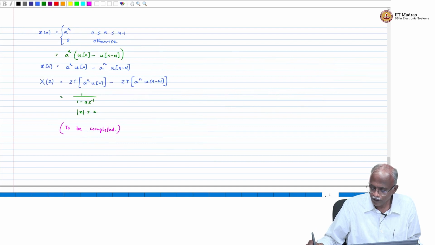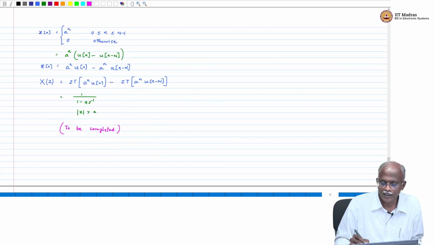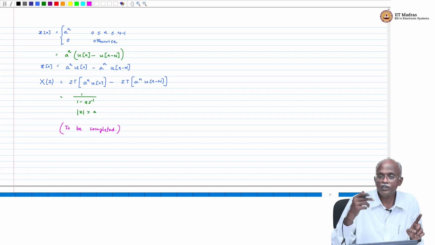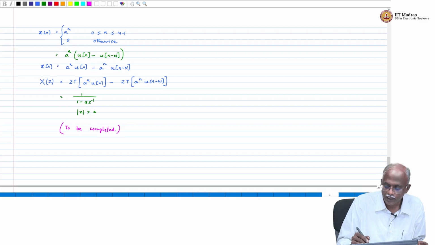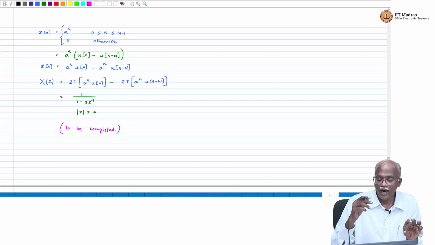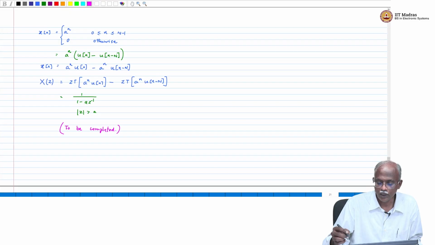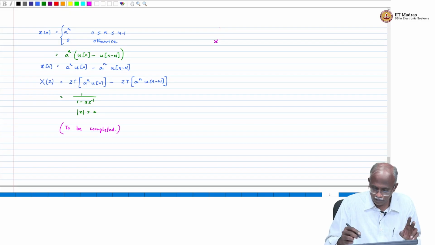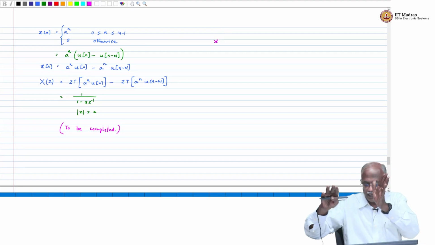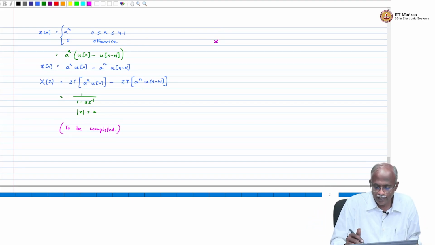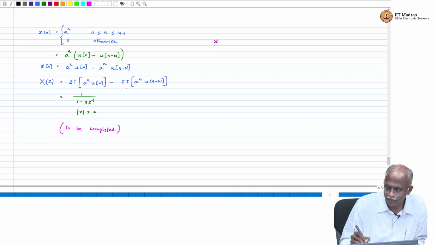Okay, so now remember we said that we're going to complete this in the following manner. So what I would like you to do is to look at the application of the delay part. So if you have x delayed by n units of time, then you can write down the second term by using the property that we have just now described.